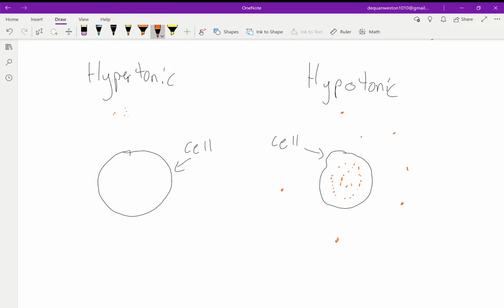Oh, one second, because I'm having a little brain fart too. One second. Okay, cool. So on our hypotonic, okay, so I was doing it. Then hypertonic.